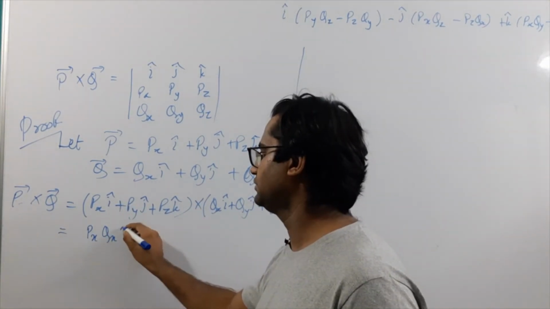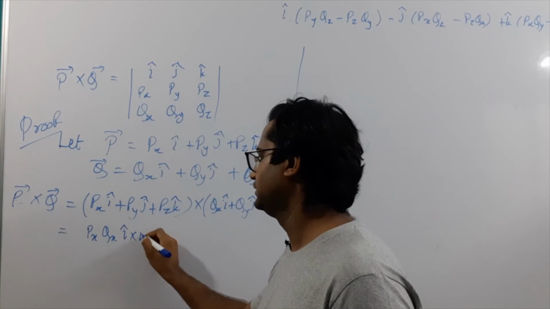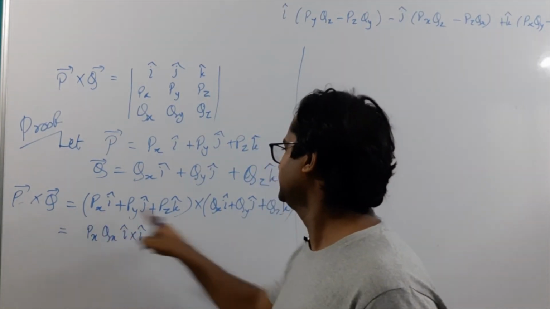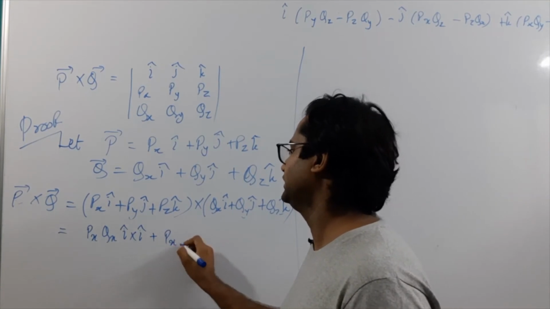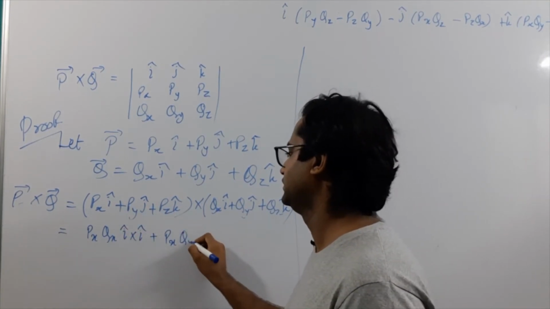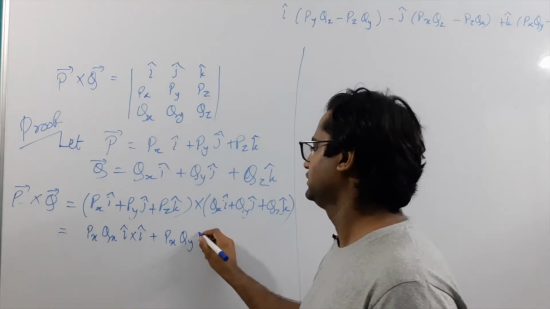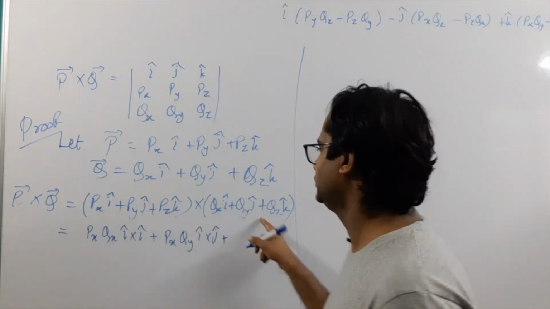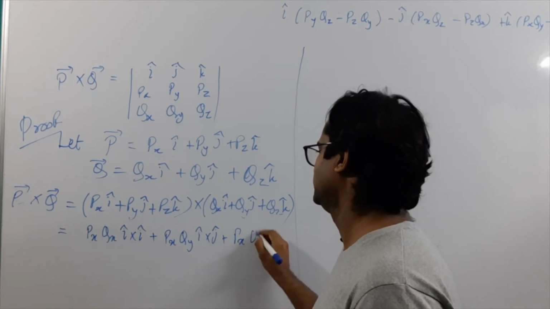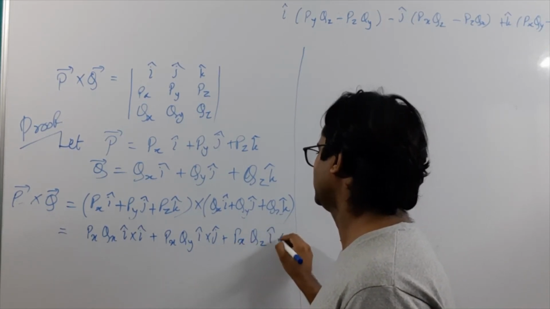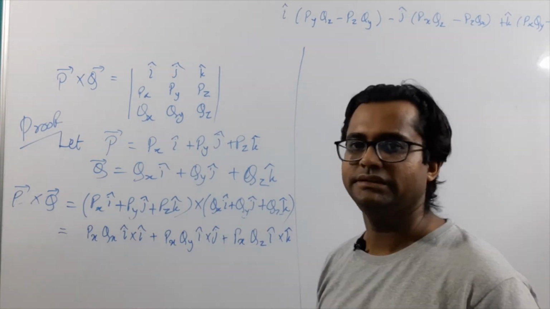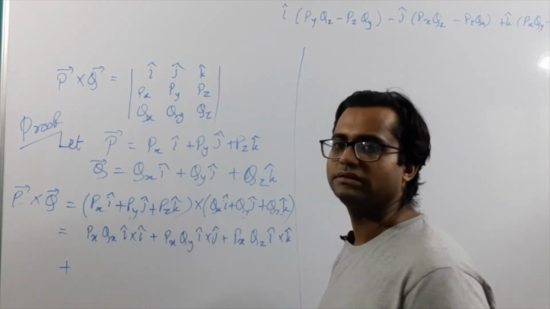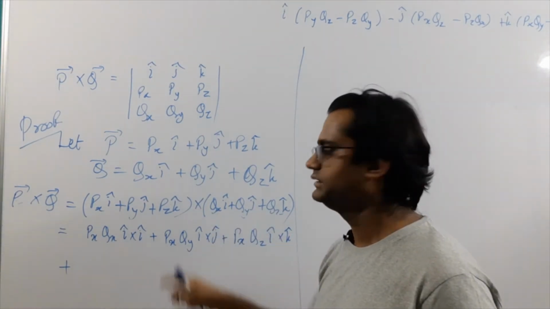Remember this is a cross product, so we have to write cross here. Plus first into second, px qy i cross j, plus first into third, px qz i cross k. Fine. Now we are done with the first term multiplied by all the terms in the second vector.